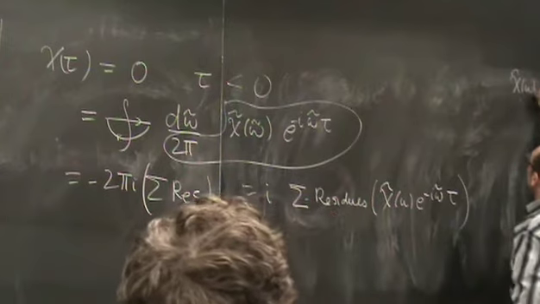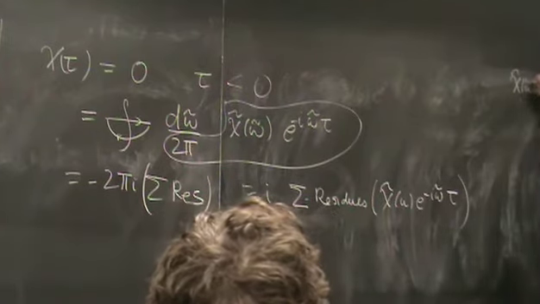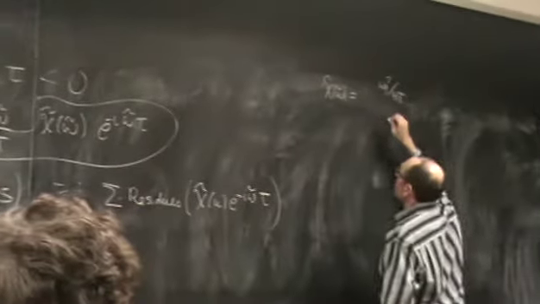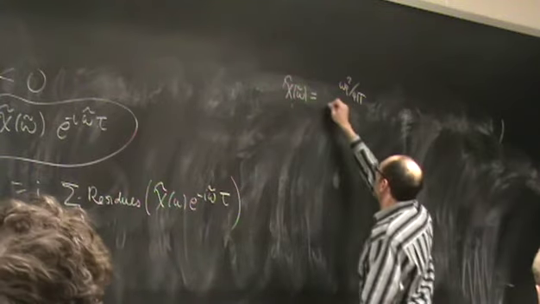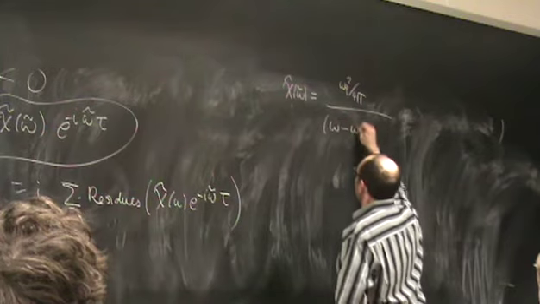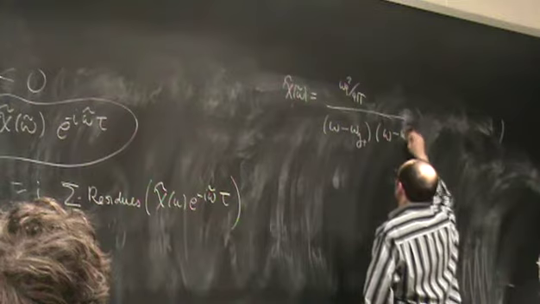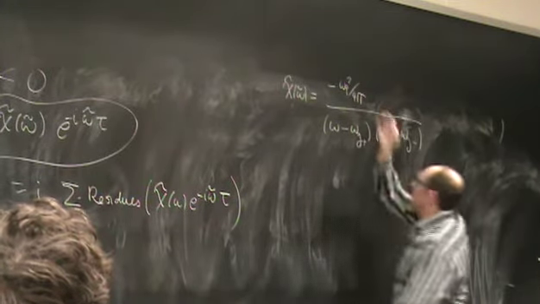Chi tilde is equal to omega_p squared over 4 pi times 1 over omega minus omega_j plus times omega minus omega_j minus. Overall minus sign, because I factored it out.